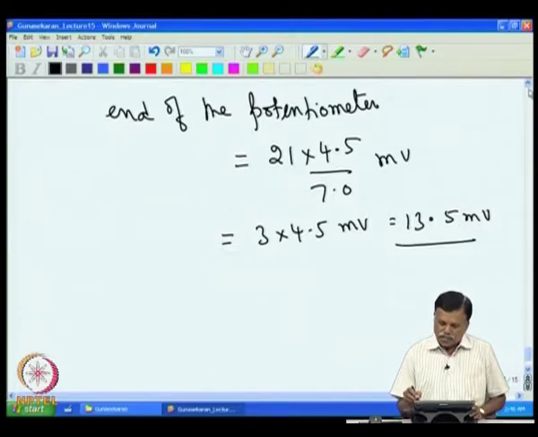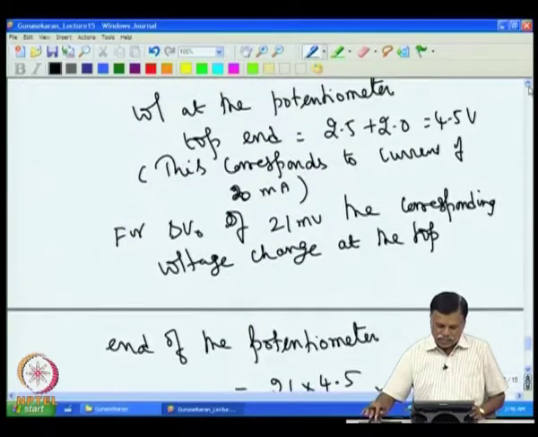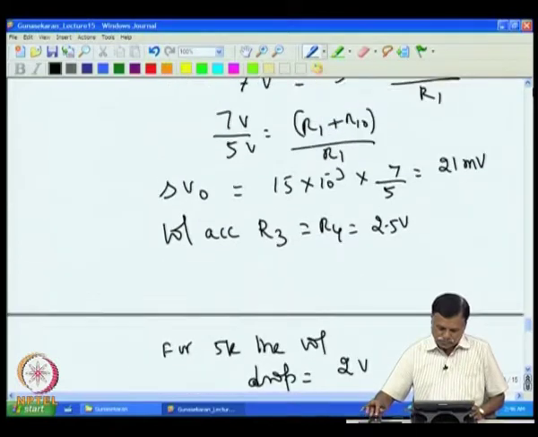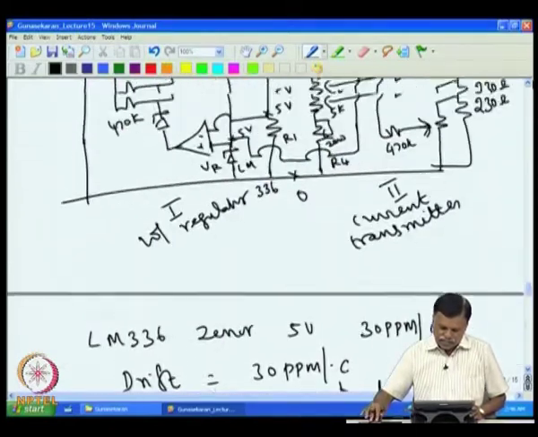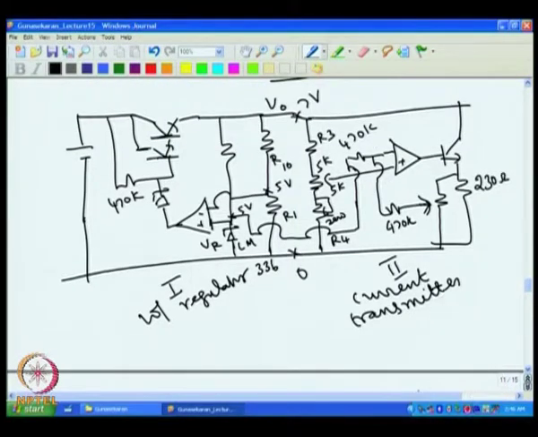If we go back to the circuit, the voltage change at this point is 13.5 millivolt. If it goes up here, then 13.5 millivolt has to go up here. That will demand approximately 2 times the voltage change, because there is a divider of 1 or 2.